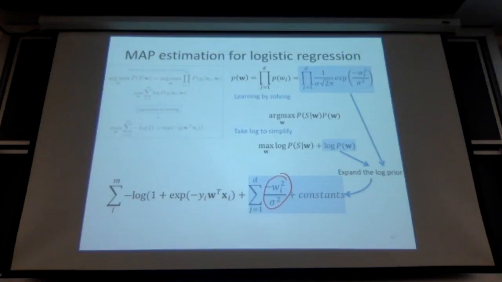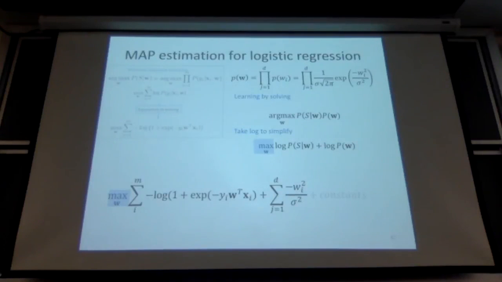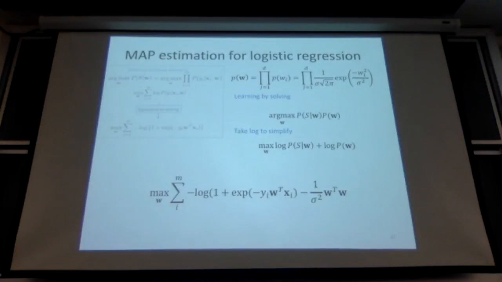Let's dim out everything that's irrelevant. We want to maximize over w the sum of the log losses plus the sum of the squares of the weights. That's literally the squared norm of w. So logistic regression with MAP estimation is simply maximizing this quantity here: the sum of the log loss plus, we're not calling it a regularizer.